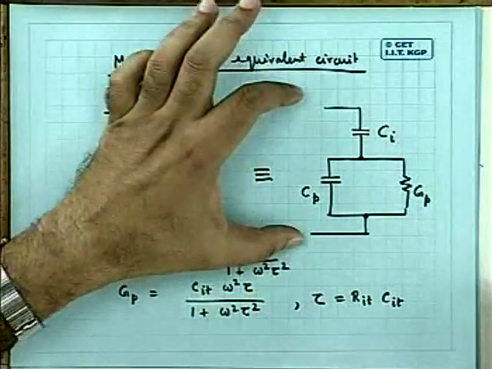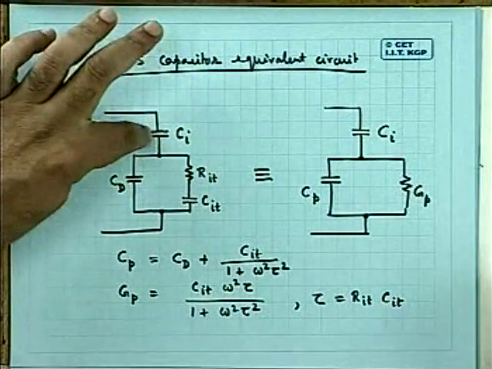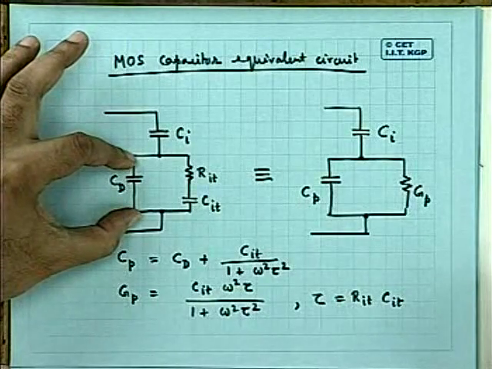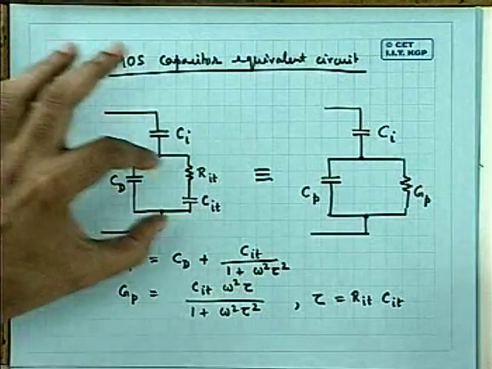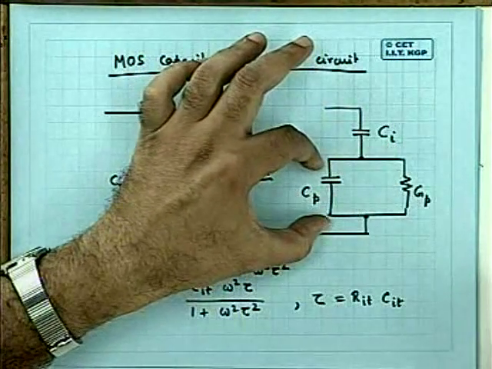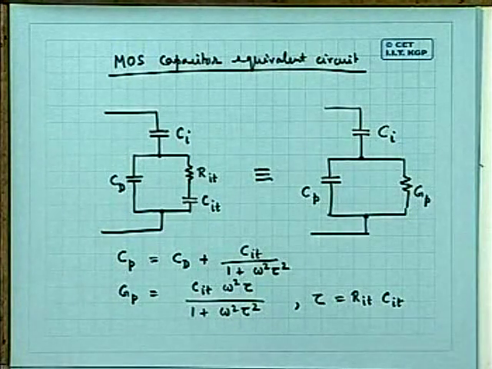What you do, you find out the impedance of this. Subtract the reactance of CI from there. Then you get the impedance of this. Convert the impedance into admittance. Take the real part, you get this. And take the imaginary part, you get this. You understand? It's a very simple thing for electronics. Let me repeat.